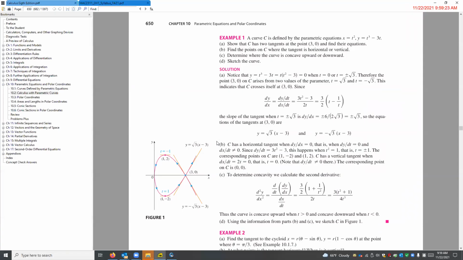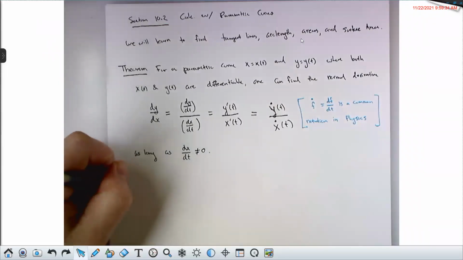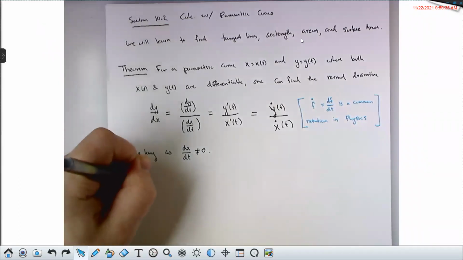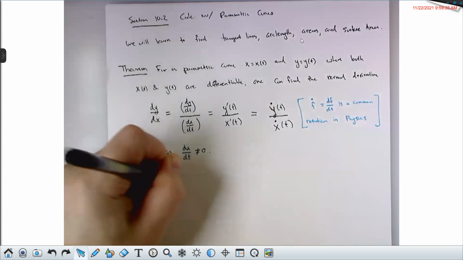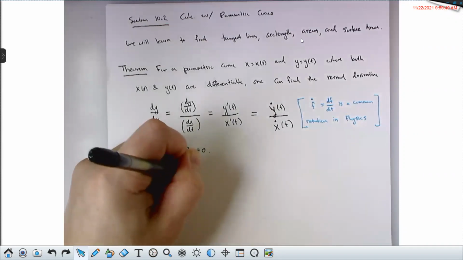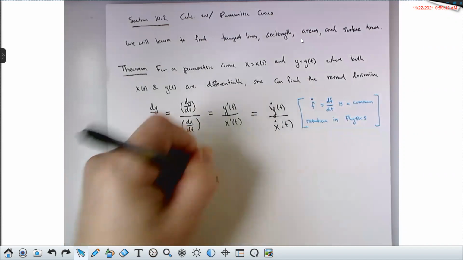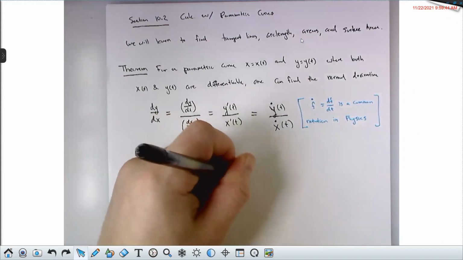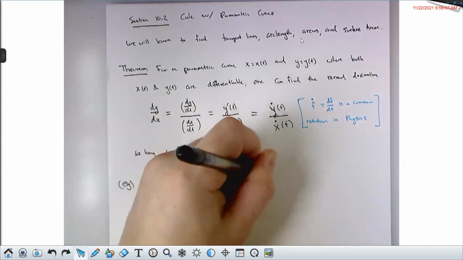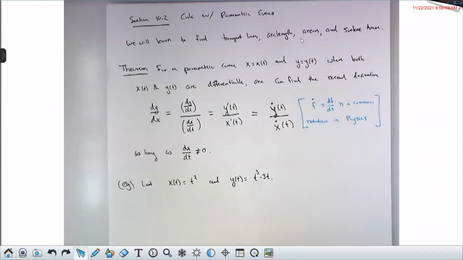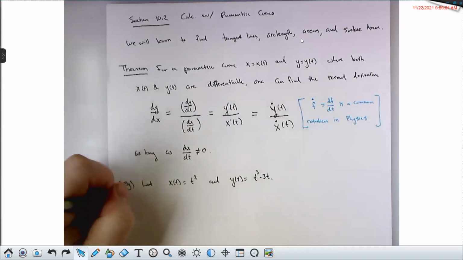Okay. This one's a little bit gnarly, but that's okay. So x is t squared and y is t cubed minus 3t. They want us to do a few things.